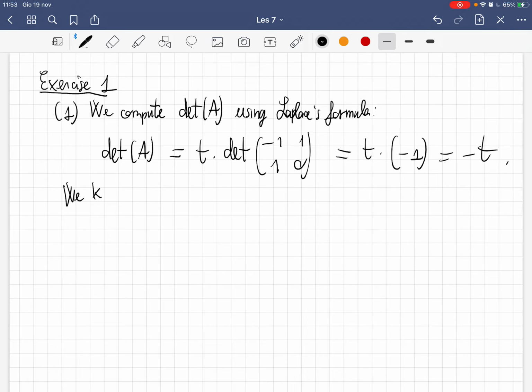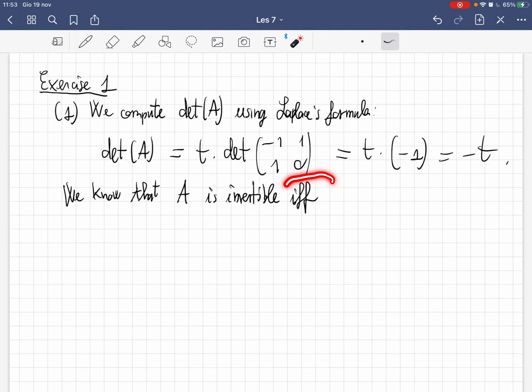We know that A is invertible if and only if. Well, if you don't like to write if and only if, you can also write this word, an if with 2 F's, which stands actually for if and only if. But it's a nice thing to say to remember if you want.